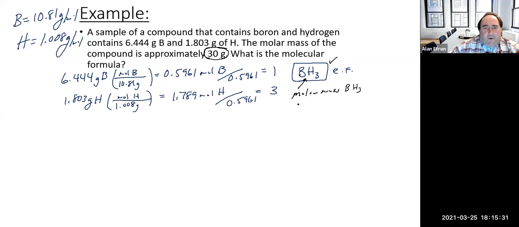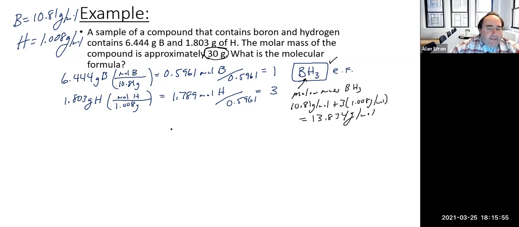That gives us 1 boron at 10.81 grams per mole, plus 3 hydrogens at 1.008 grams per mole. That gives us 13.834 grams per mole, which is the molar mass of our empirical formula.